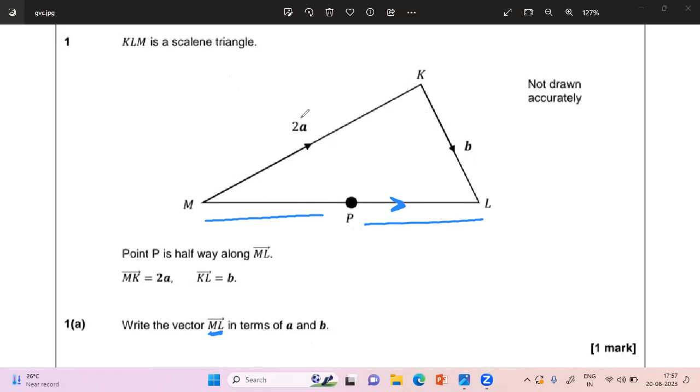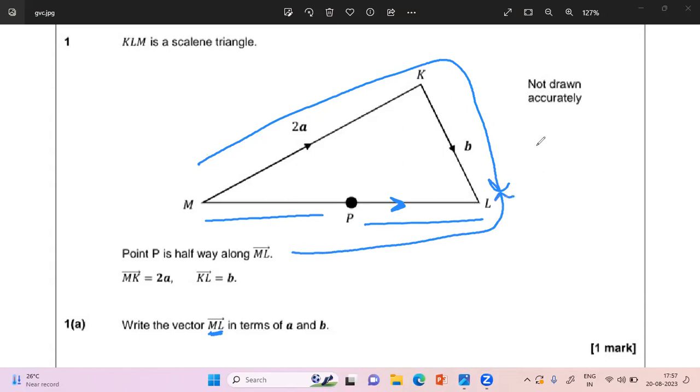Which two sides do I have to add? Those two that are moving in the same direction or following each other. And ML is just opposite. So I can say M to K plus K to L is equal to M to L. This will be 2A plus B for M to L. So the final answer is 2A plus B.